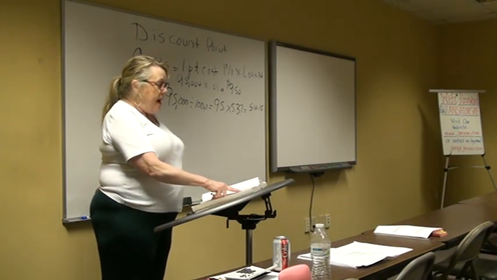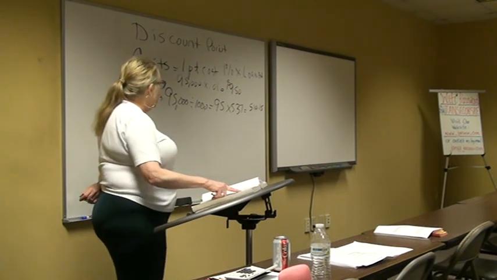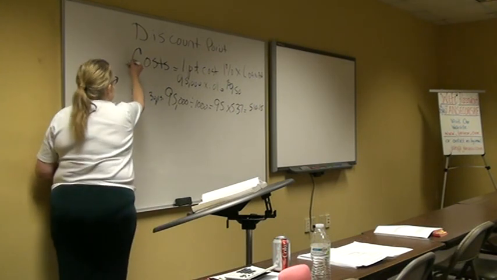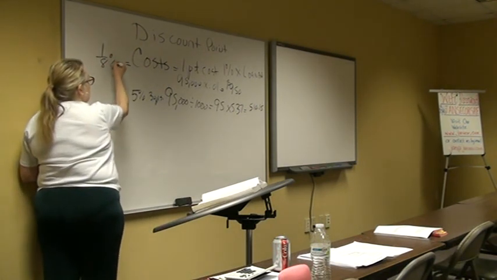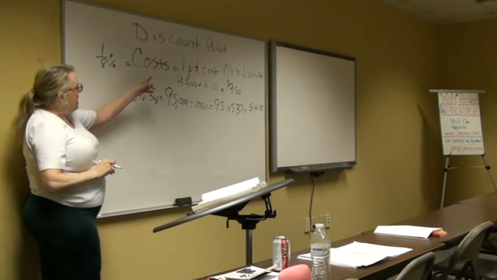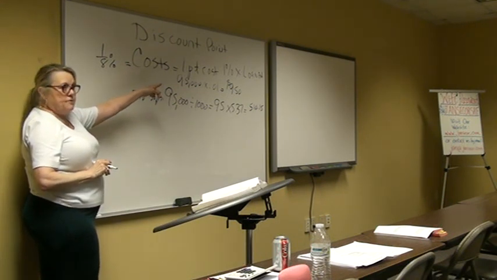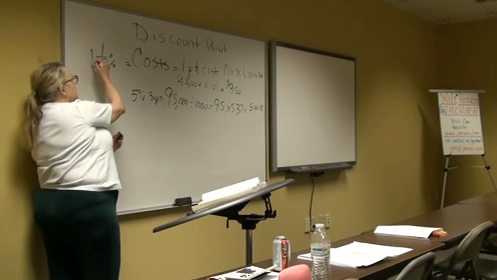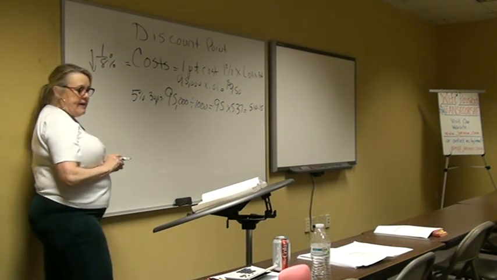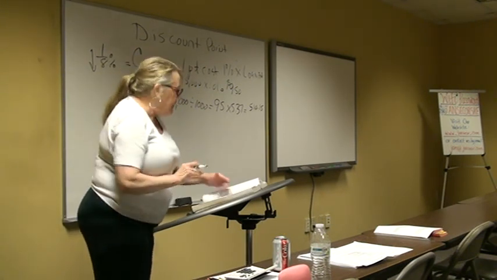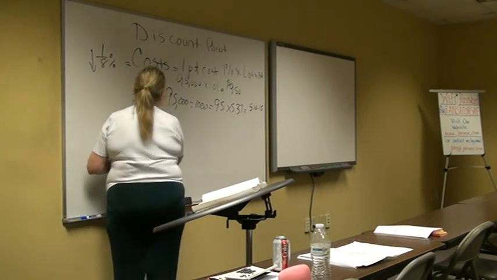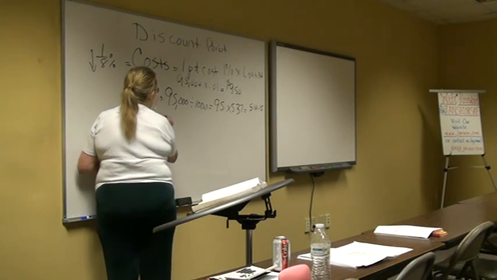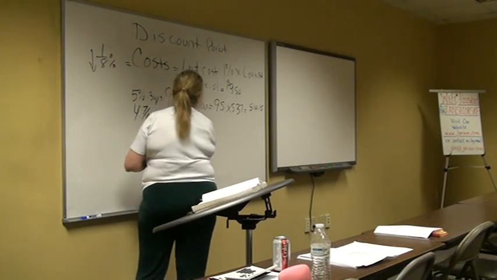We're discounting the rate, and 1 point, everybody, will discount by 1/8%. So you buy 1 point, it costs 1%, and what it does to the note rate is lowers it 1/8%. So the rate got discounted by 1/8. So 4 7/8, 30 years, 95.